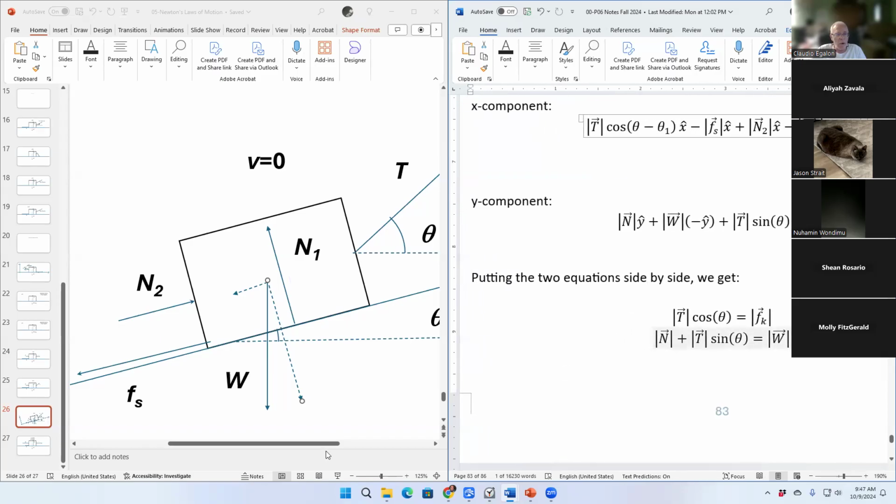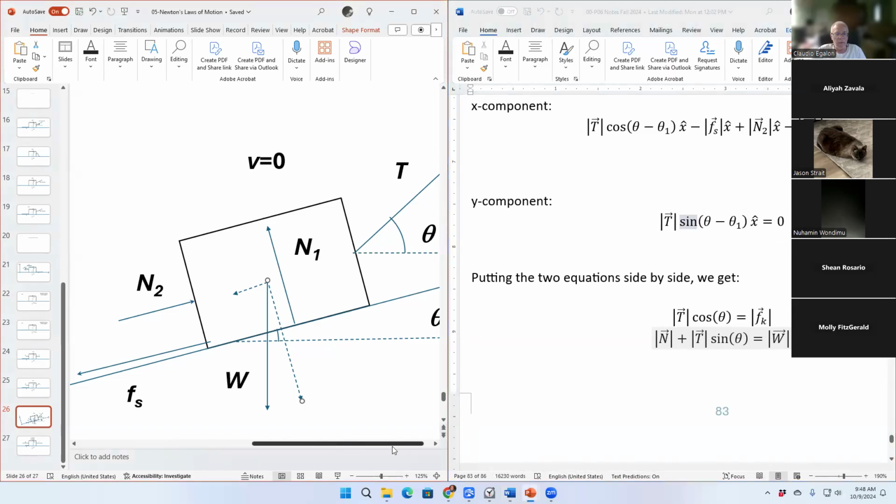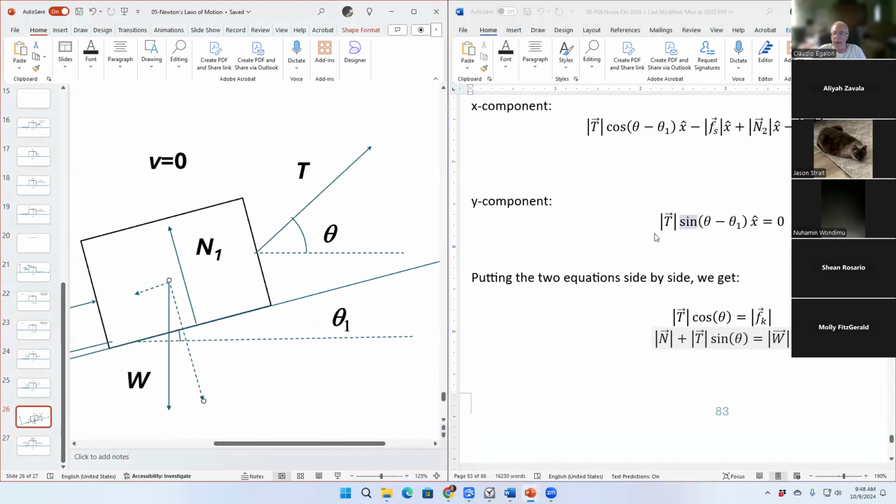Now, y components. We have the tension, which has a y component, and this y component is given in terms of those angles, theta minus theta 1. The sign is positive because the y component points along the positive y direction.